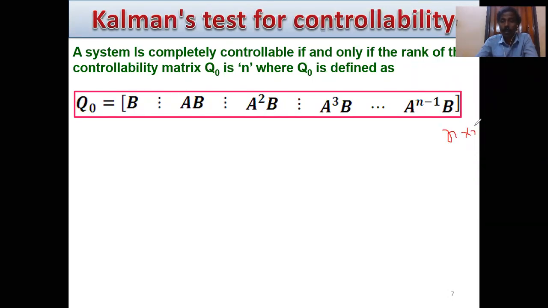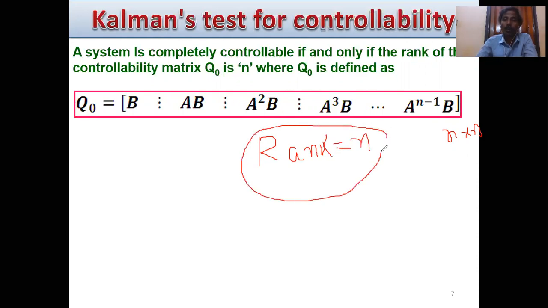If the rank equals n, then the system is controllable, otherwise uncontrollable.